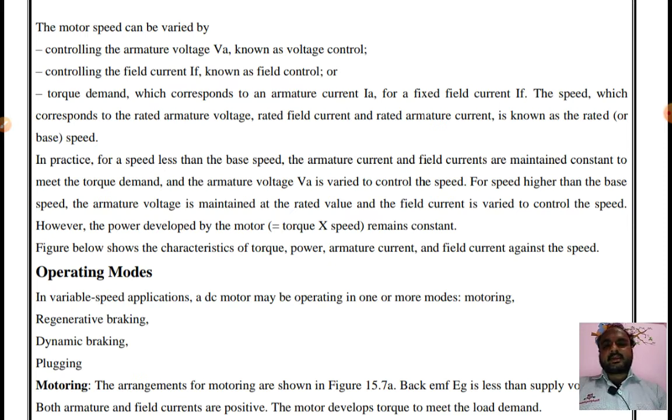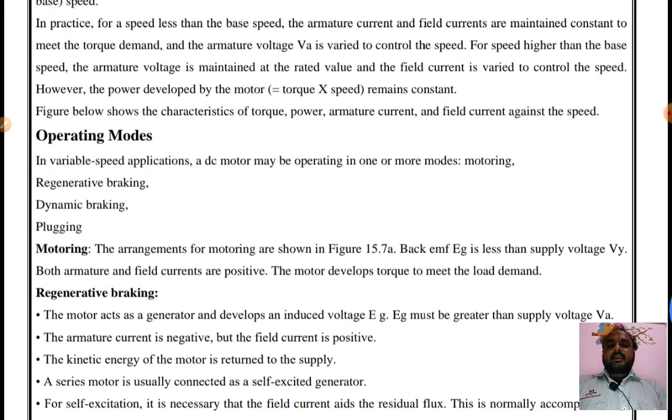The speed corresponding to the rated armature voltage, rated field current and rated armature current is known as the rated speed, right? So in practice, for a speed less than the base speed, the armature current and field current are maintained constant to meet the torque demand, and the armature voltage VA is varied to control the speed.